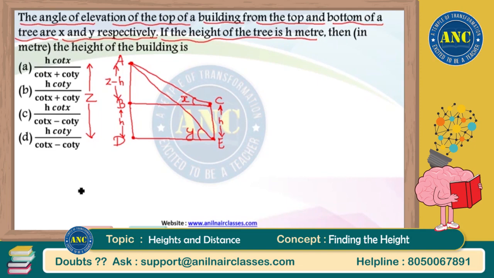But in this particular question, the angle given is angle X and no numerical value for the angle is given, the angle given is angle Y, again no numerical value is given, the height given is height H, no numerical value for the height is given.